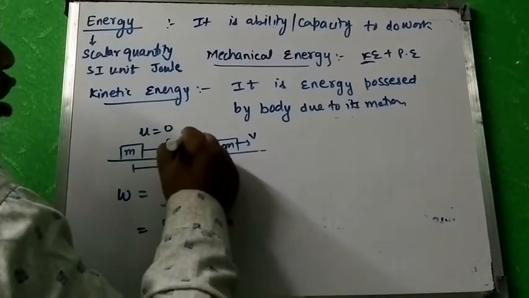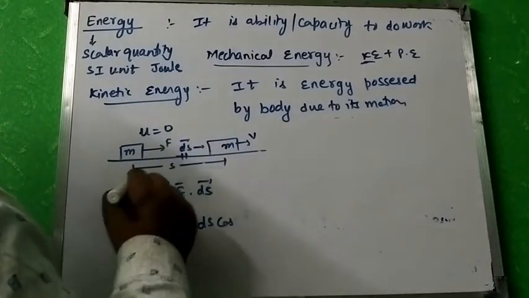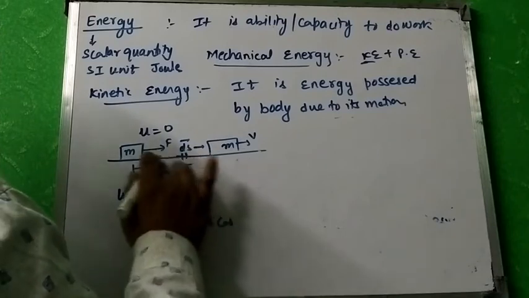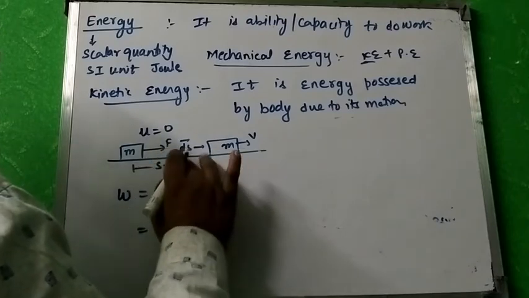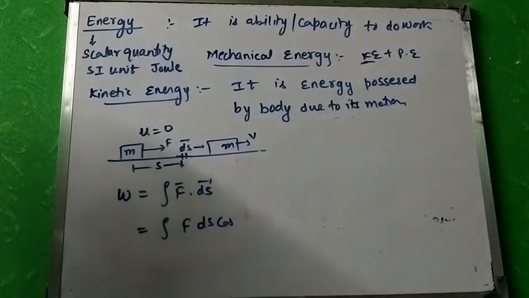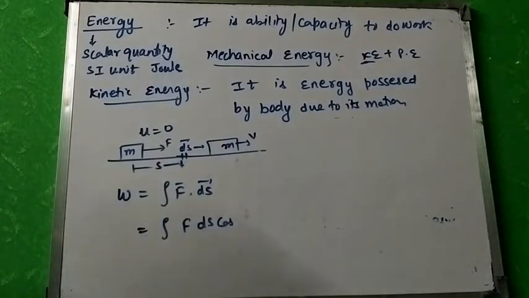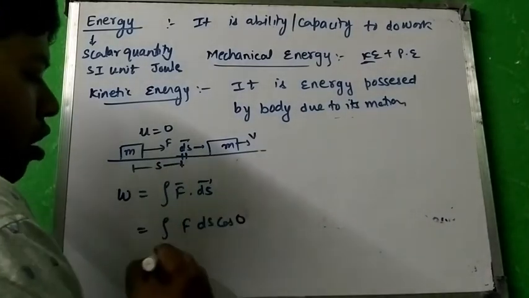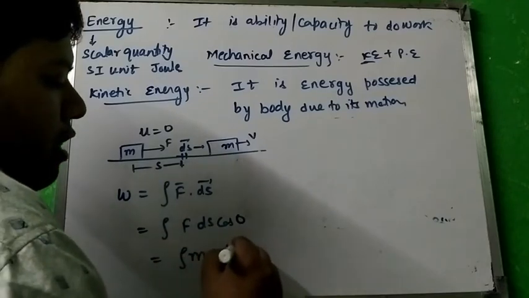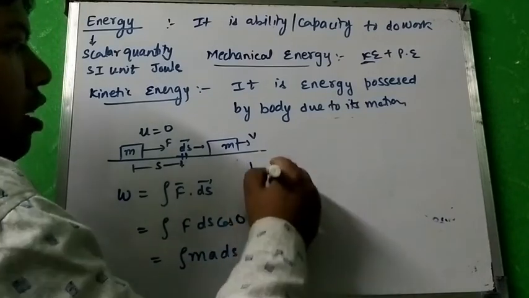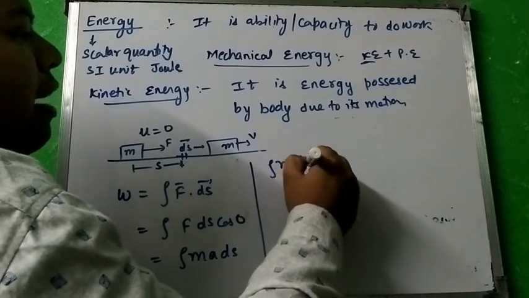The displacement is also occurring in the same direction as the force, so it becomes integral of F ds cos 0. Force can be written as ma, ds, and cos 0 is 1.